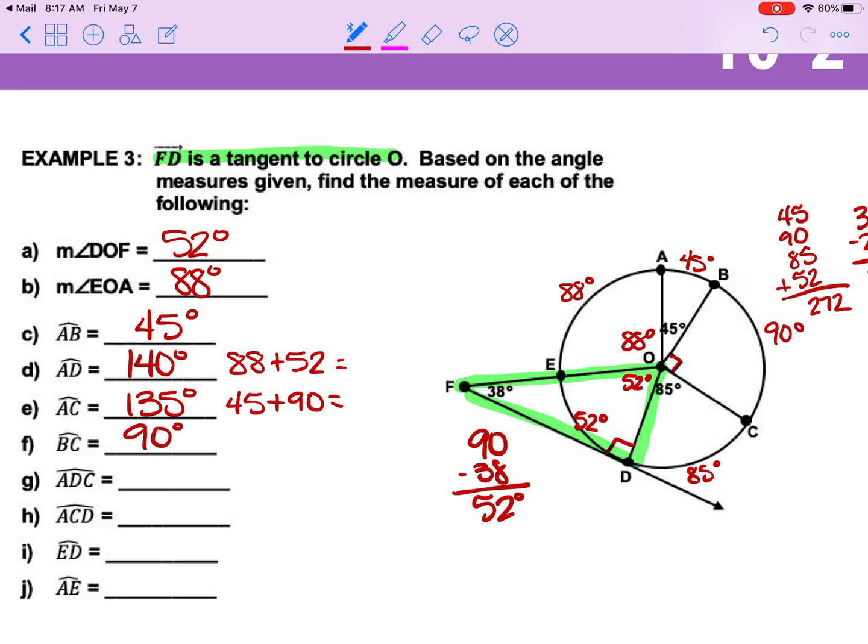Now we have 3 letters, which means it's a major arc, so we have to have a number that's greater than 180. And it tells us that we're going to connect A to D to C. So all 3 of those: 88, 52, and 85.